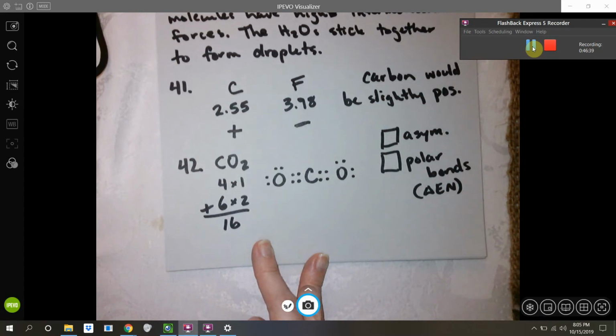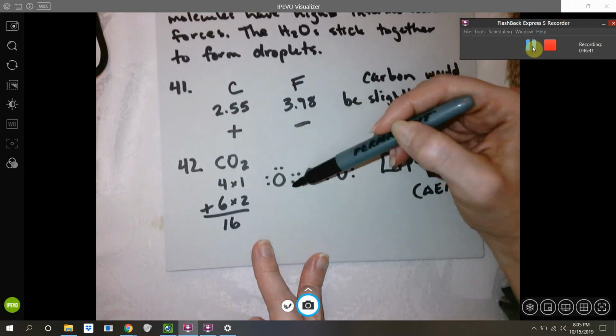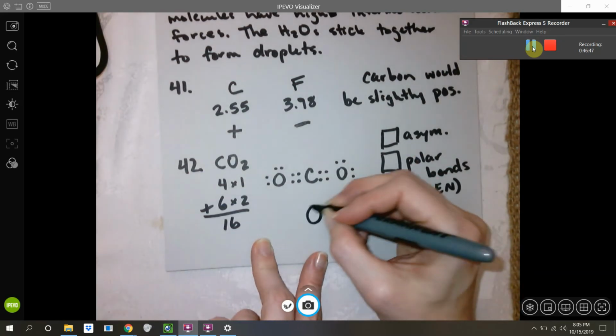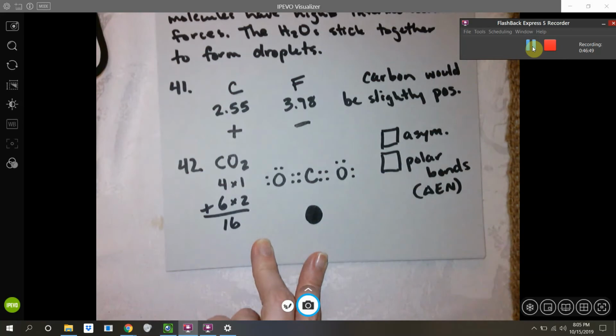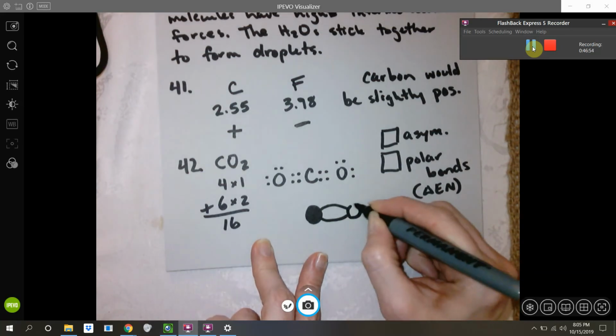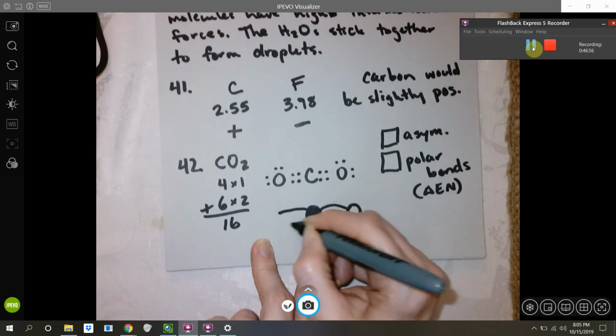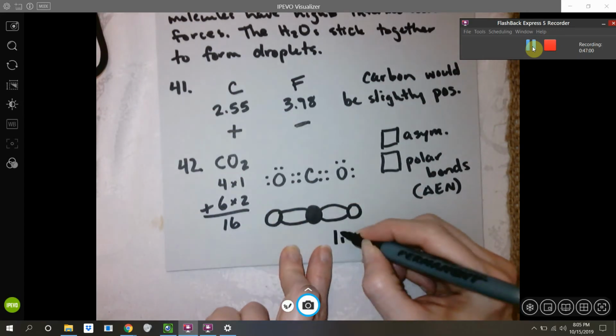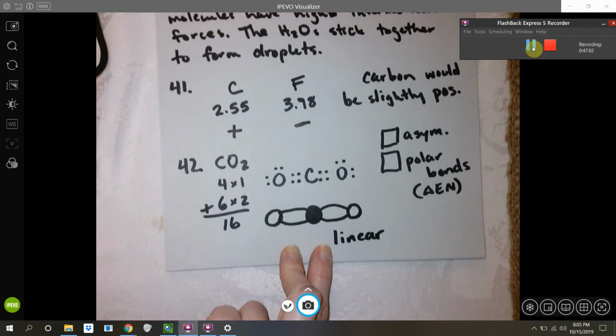We should only have 16 in the picture, 2, 4, 6, 8, 10, 12, 14, 16. Now when you build this in the lab, you would have seen that this makes a shape that goes like that and like that, which is actually a linear configuration.